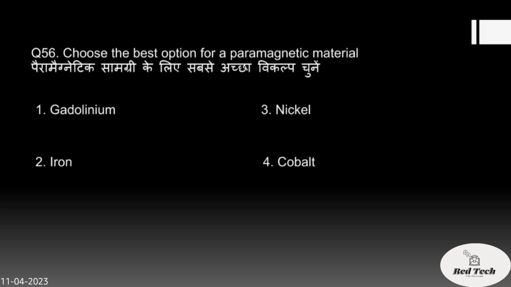No higher question has been asked, so you just have to go through the basics of MRI by going to my playlist section, MRI. You can easily answer these questions very smartly. Option 1 is gadolinium, option 2 is iron, option 3 is nickel, and option 4 is cobalt. So the right answer is option number 1, gadolinium. Gadolinium is a paramagnetic material which is used as a contrast in MRI tests.